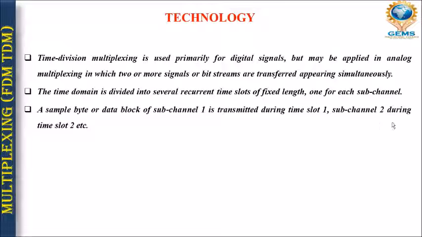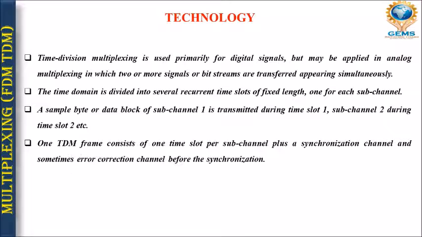है, and if we want to send a data block, sub channel 1 is transmitted during slot number 1 and sub channel 2 is transmitted during time slot 2, right? Okay, so the TDM frame mainly consists of a time slot per sub channel plus a synchronization channel and sometimes an error correction channel.